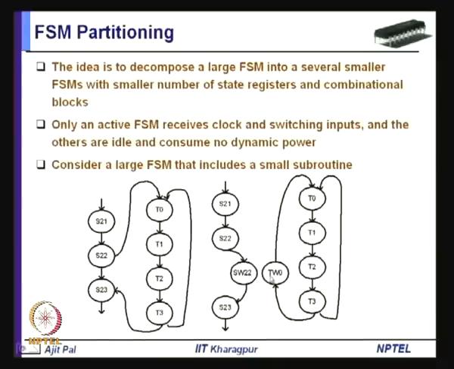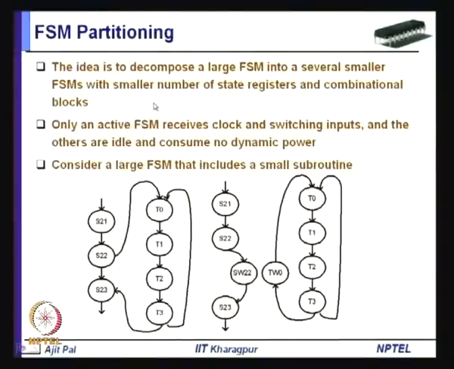These additional states will obviously require some additional hardware, but since only one of them will be active at a time, there will be savings in power dissipation. That means with additional area you are able to reduce the switching activity in this FSM partitioning. So, we have discussed FSM partitioning, and this is the third technique that can be used in the synthesis of finite state machines to reduce switching activity.